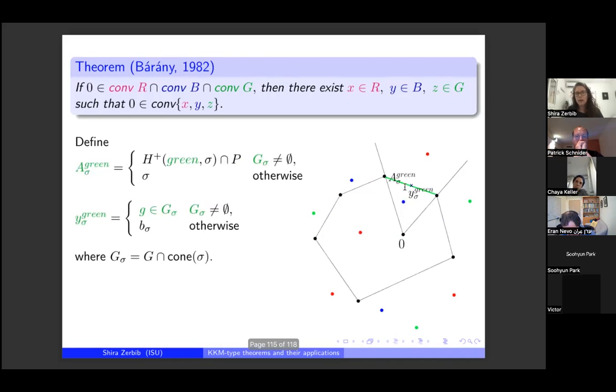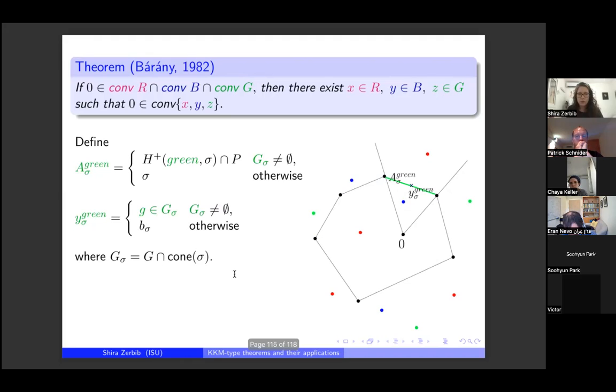And there is the case where in green, for example, there is no green point in this cone. So in this case, I'm just taking A sigma green to be sigma itself, and I'm taking Y sigma green to be the barycenter of sigma.